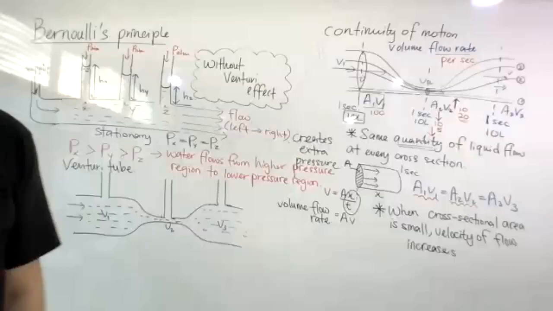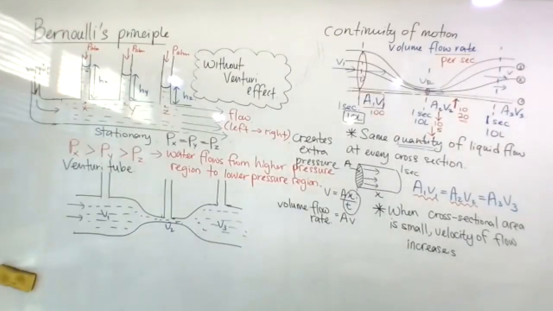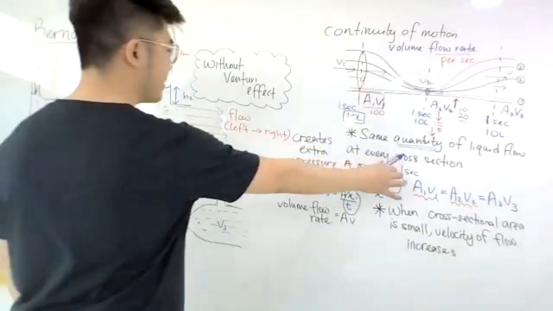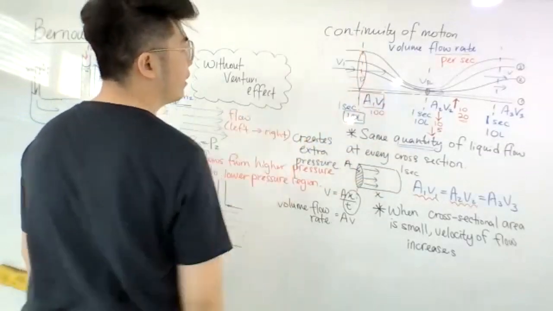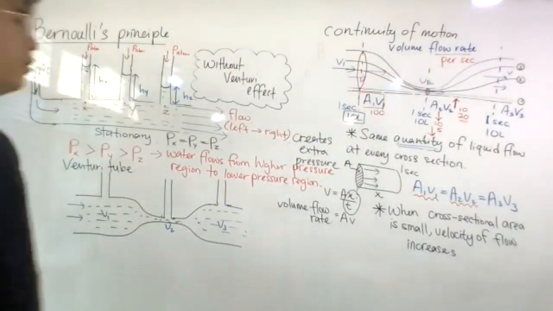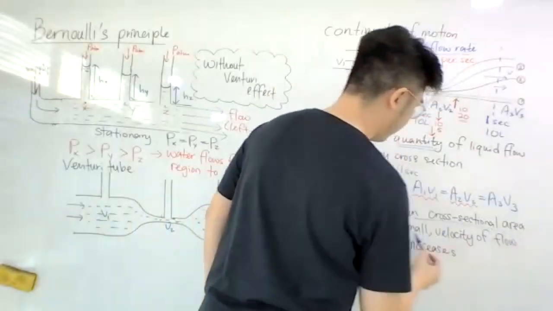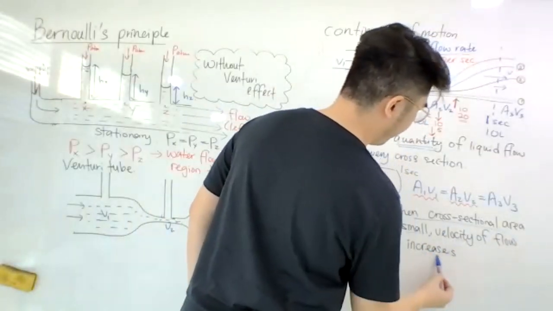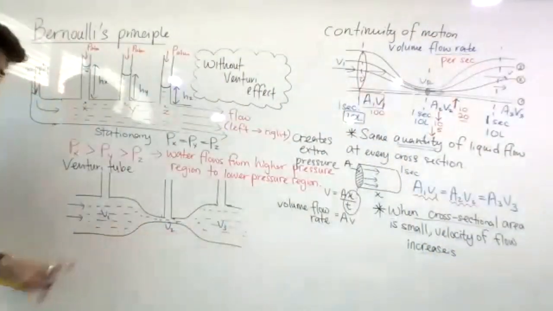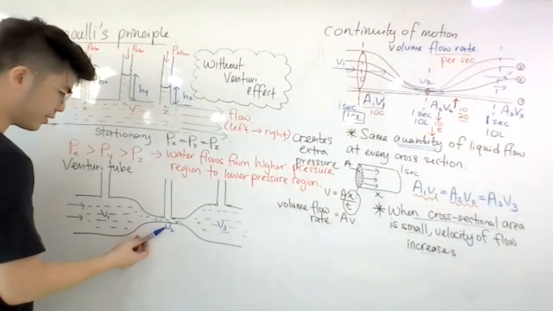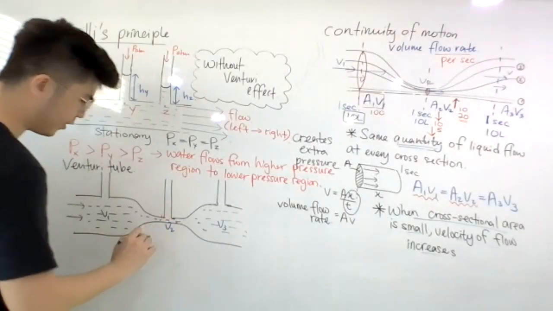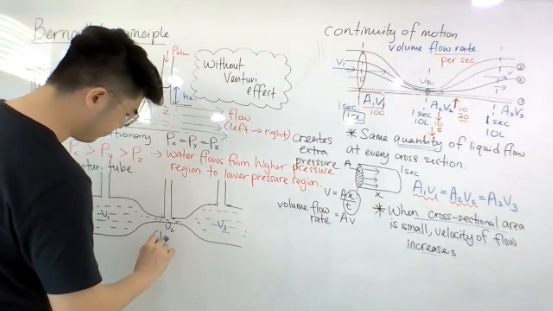Where is the highest speed of water flow? You have learned the continuity equation. When cross-sectional area is small, velocity of flow increases. Where is the smallest cross-sectional area? V2 has the smallest cross-sectional area. So that means V2 will be the largest.